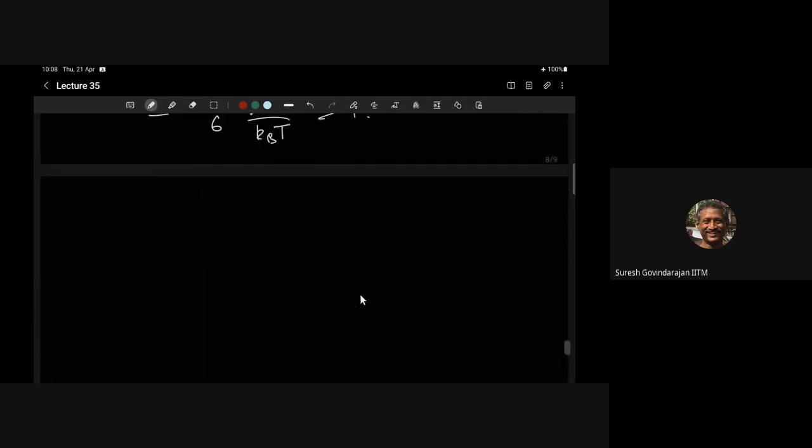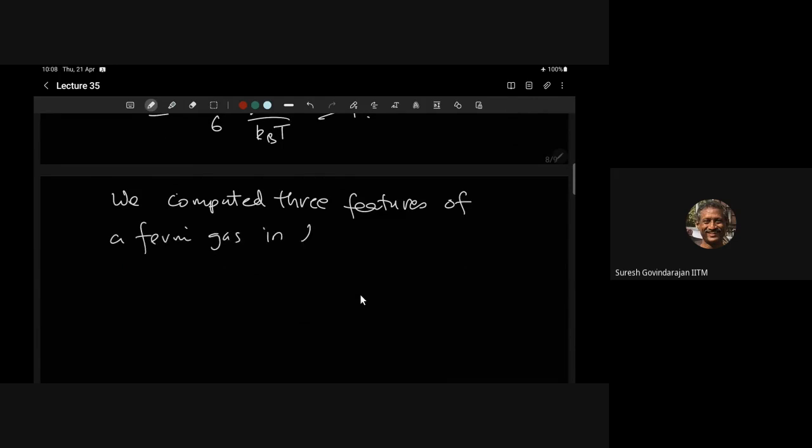So we have seen three features of a Fermi gas in the presence of a magnetic field.